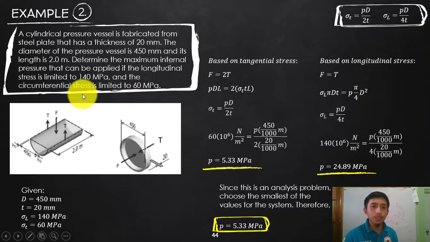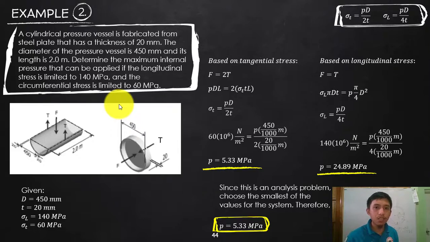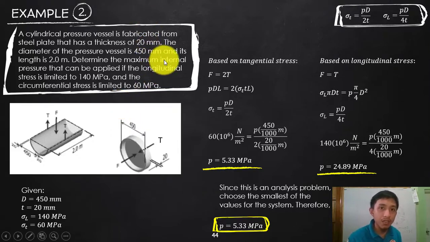So now it is the other way around. What is given are the allowable stresses, or limit of these stresses, and what we are going to figure out is the maximum pressure P, the bursting pressure.